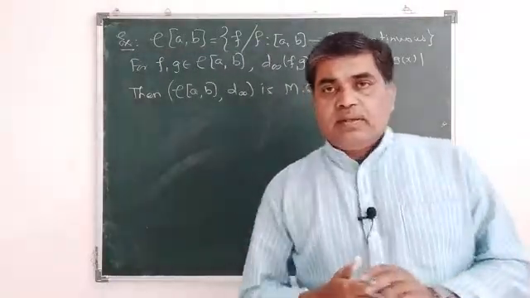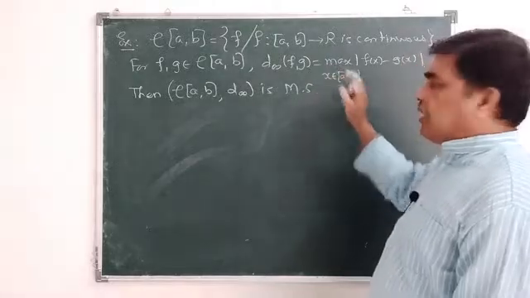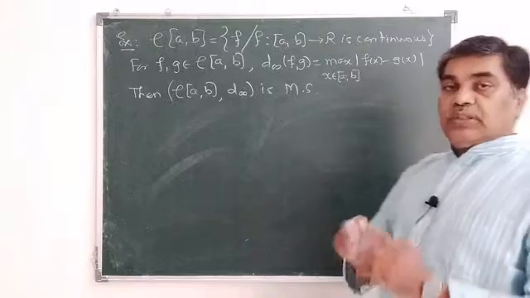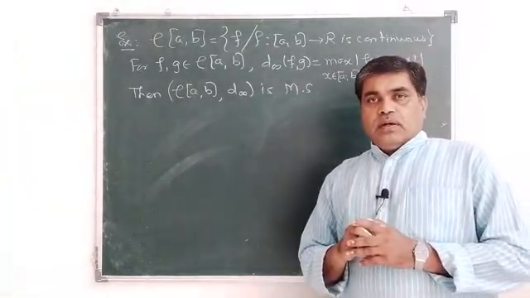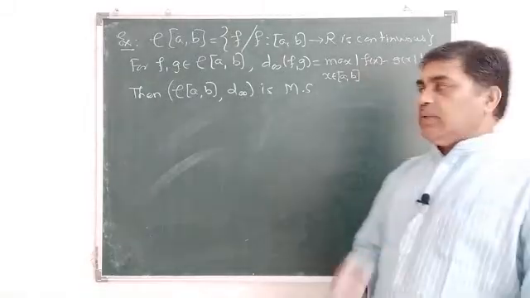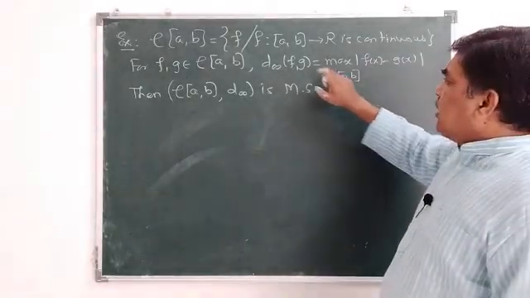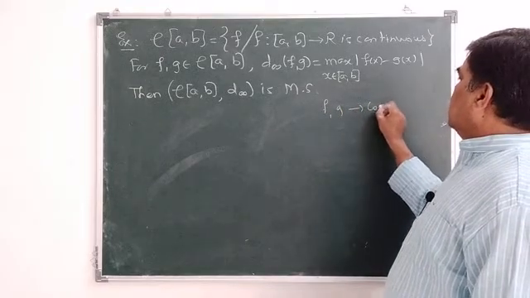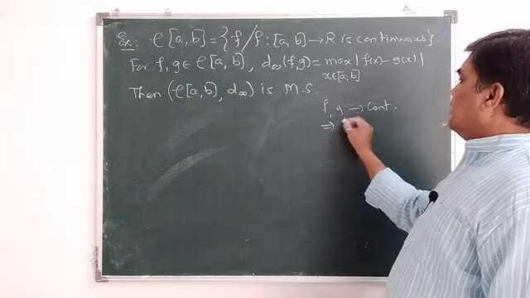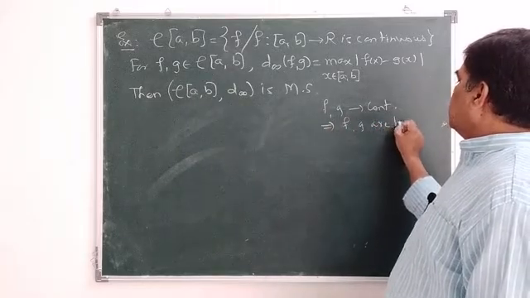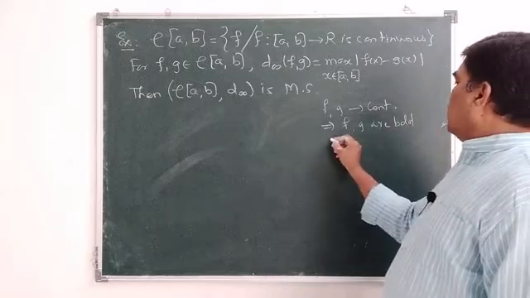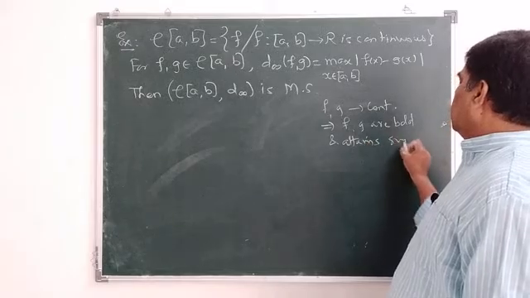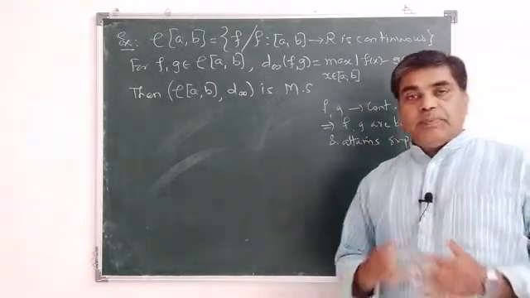In the previous example, I am replacing that supremum by maximum here, and x belongs to X is replaced by closed interval AB. Why are we replacing that supremum by maximum? As f and g are continuous functions, f and g continuous implies f and g are bounded functions and attain supremum and infimum.